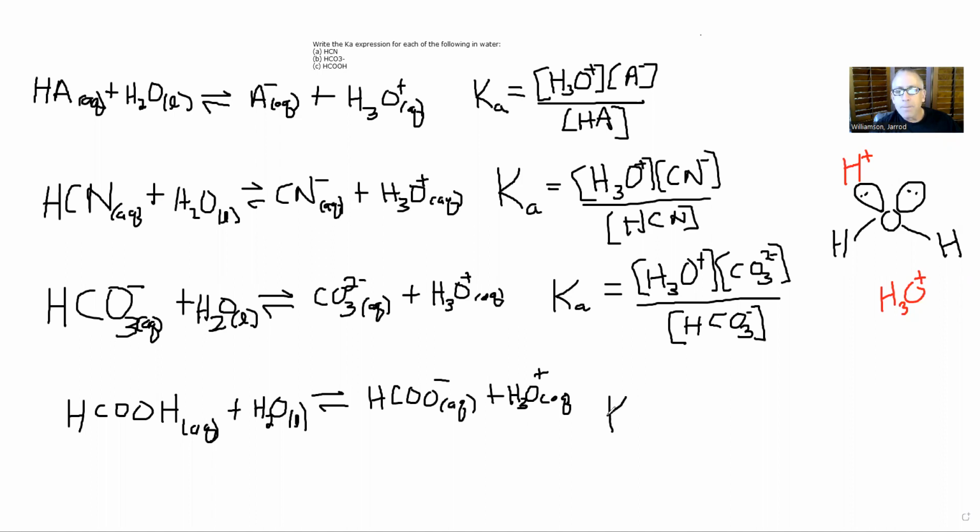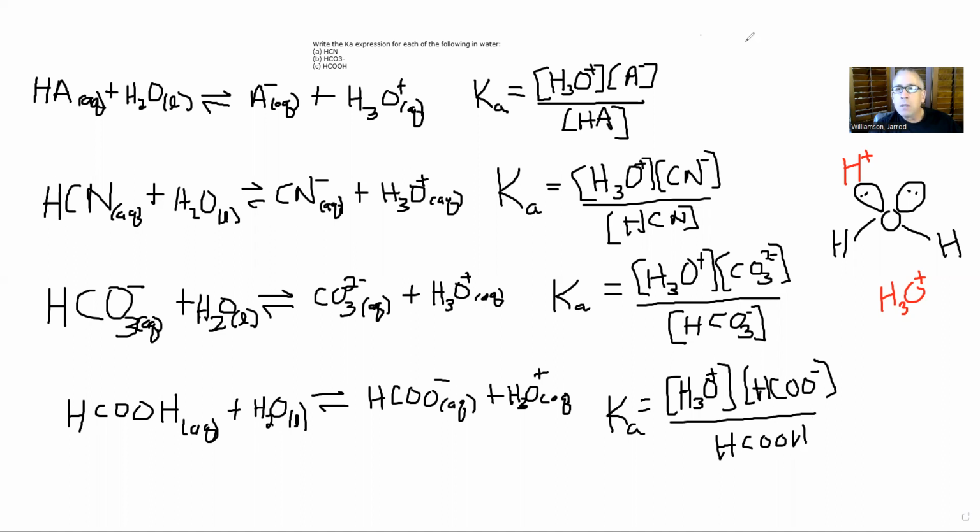Ka for this guy will be equal to H3O plus times HCOO minus over HCOOH. Okay, kind of straightforward.